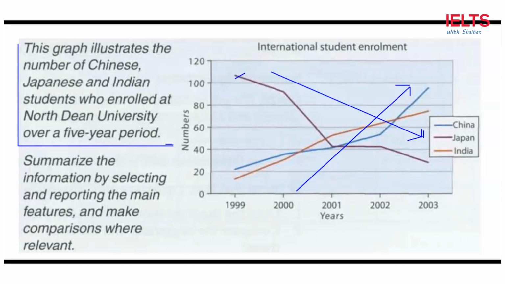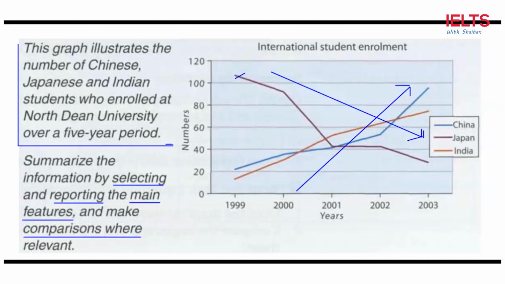The last point I want you to pay attention to: look at the question here. It says, summarize the information by selecting and reporting main features, and make comparisons where relevant.